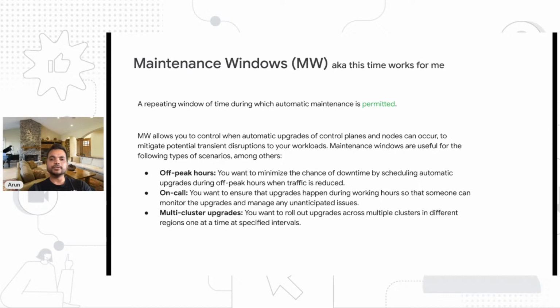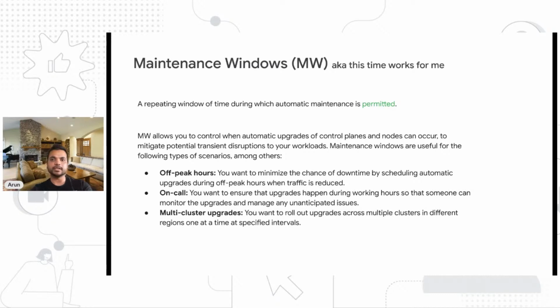So maintenance window, you decide when you want to do any kind of maintenance on your clusters. And these could be, as you can see, off peak hours. Most of the time, let's say if you want to update your cluster between 12 a.m. midnight to 4 a.m., we have to provide 4 hours of window.